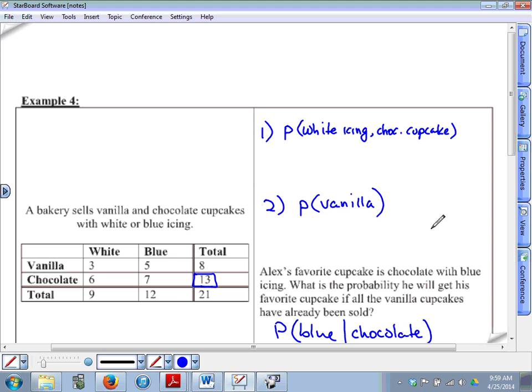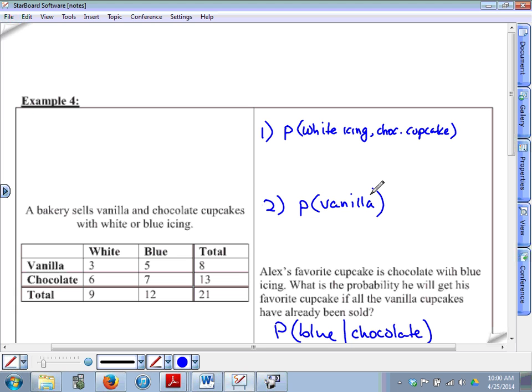So we have this example right here with this bakery selling cupcakes. So these first two are just regular, either simple or compound probabilities. We're going to get to a conditional one down here in a second.